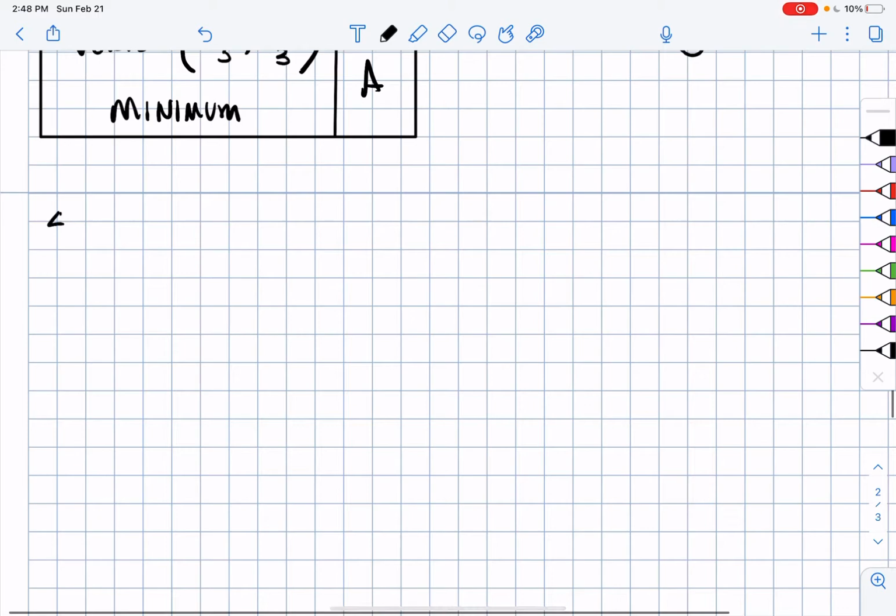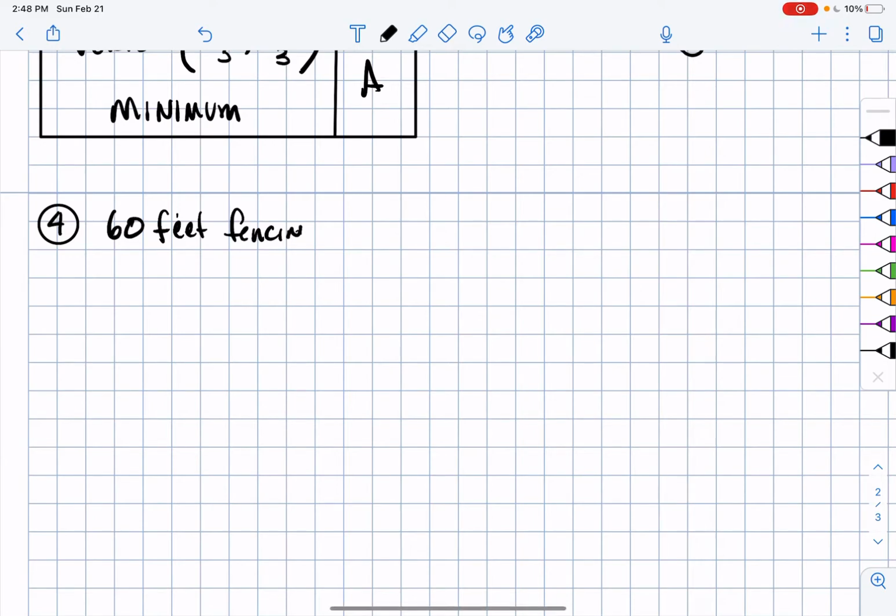So let's go on to number 4, with 10% battery life. All right, that sheet's done. So number 4 says I have 60 feet of fencing and enclose a rectangular plot that borders a river.